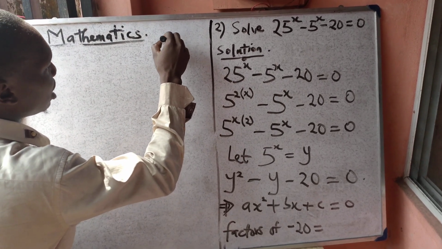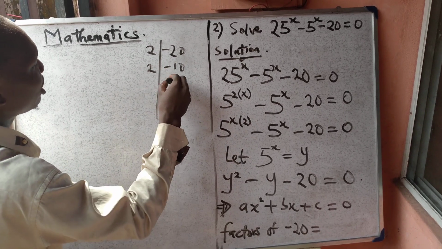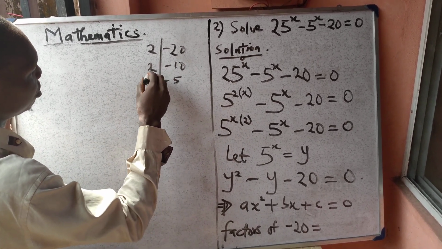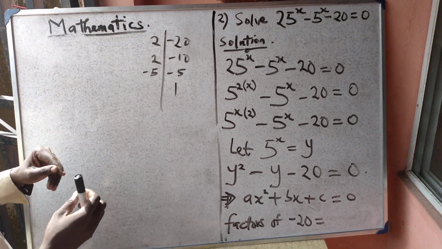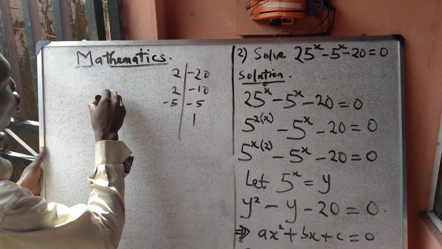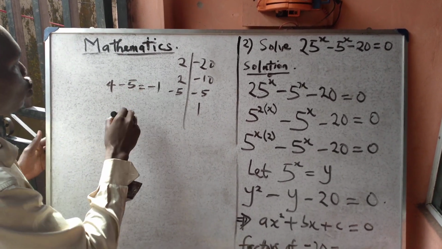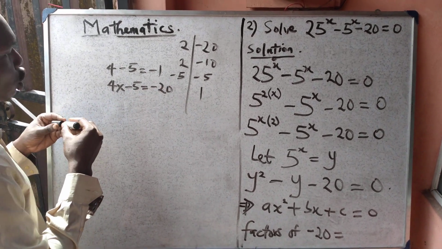Let's try 4 and minus 5. 4 minus 5 gives you minus 1, and 4 times minus 5 gives you minus 20. So I believe we have gotten the factors.